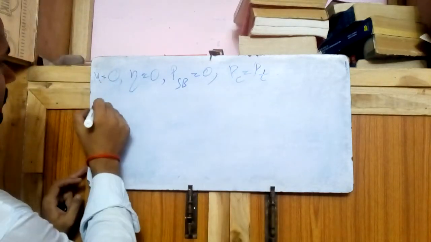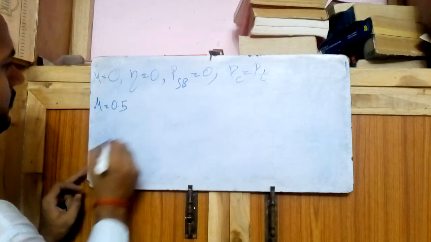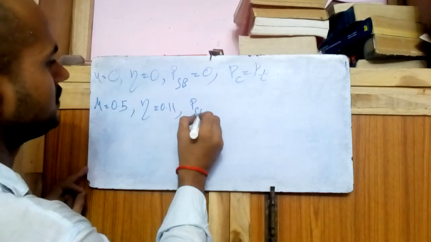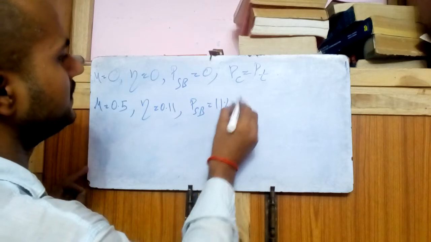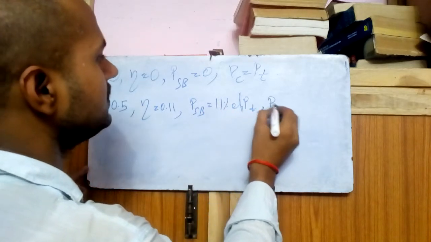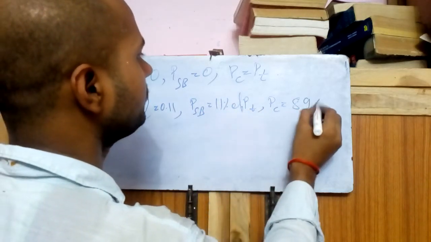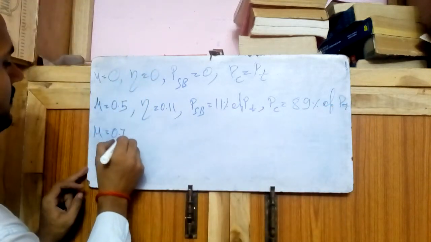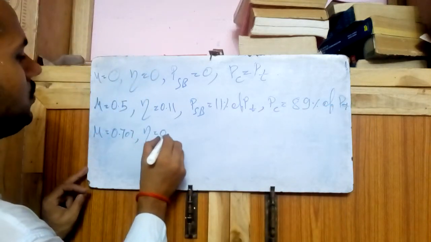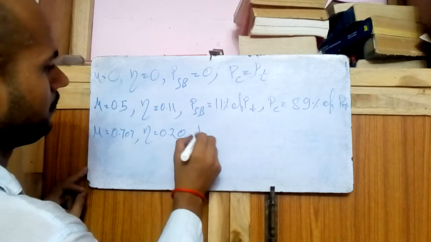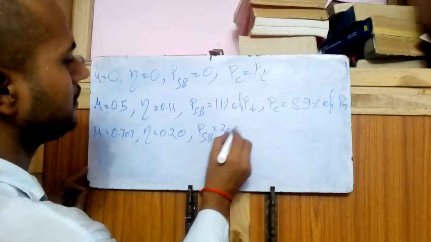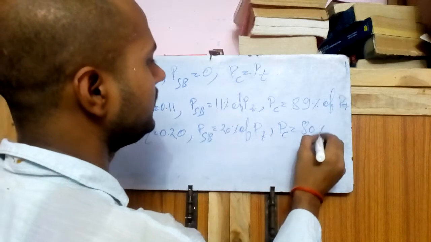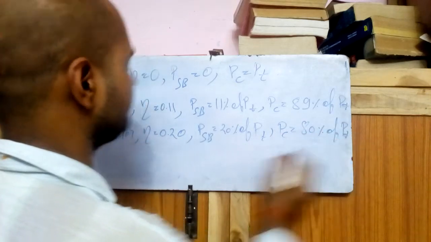Mu equal to 0.5, eta is equal to 0.11. Psb is 11% of Pt, Pc is 89% of Pt. Mu equal to 0.707, eta is equal to 0.2. Psb is 20% of Pt, Pc is 80% of Pt.